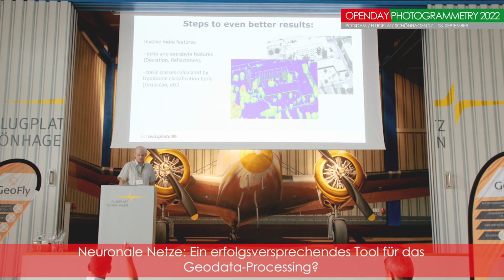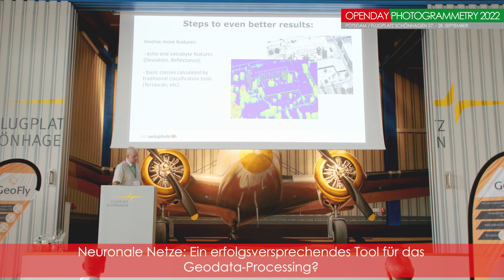What can we do to improve our results? Because in this case we were working with binary classification, ground or non-ground, but always we have situations where we have more classes expected, so we want to understand what we can do to improve our results.